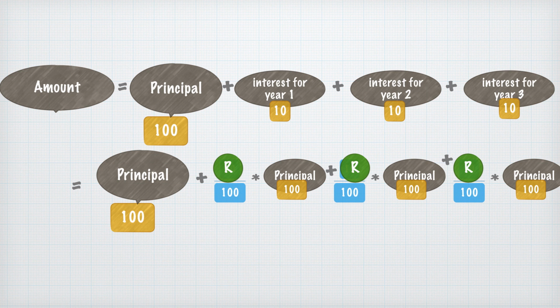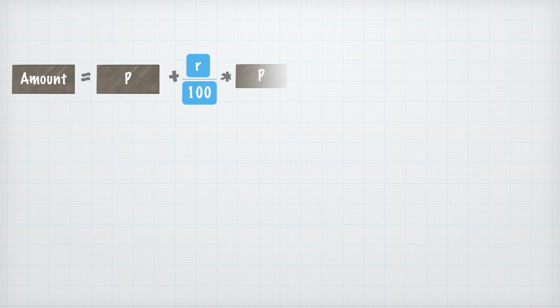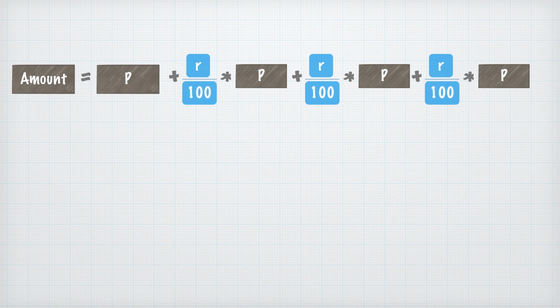So I hope you get the idea. Again, we're looking at the same idea that amount is equal to principal plus interest, and interest is R% of the principal. The only difference is that in simple interest the principal remains the same for multiple time periods. The interest does not get added to the principal to generate a new principal, which is the case in compound interest.